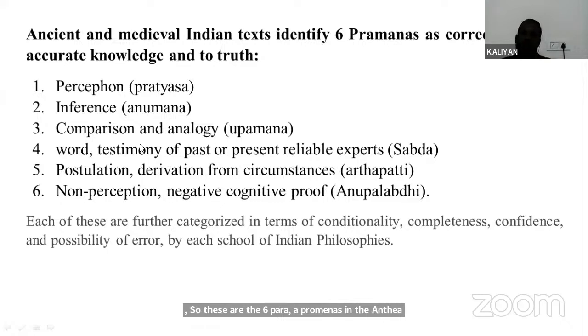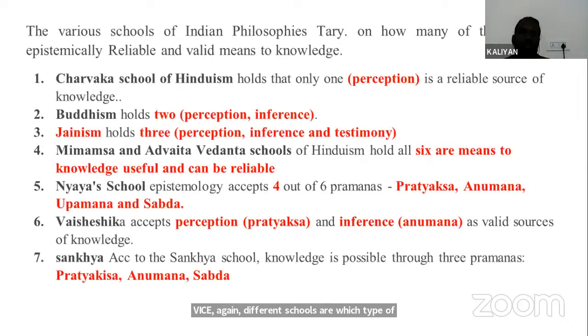Based on the 6 pramanas, different schools like the Buddhism school, Jainism school and Vaisheshika use different pramanas. The Charvaka school holds only one knowledge, that is perception, and Buddhism holds 2 knowledge, perception and inference. These are also very important.